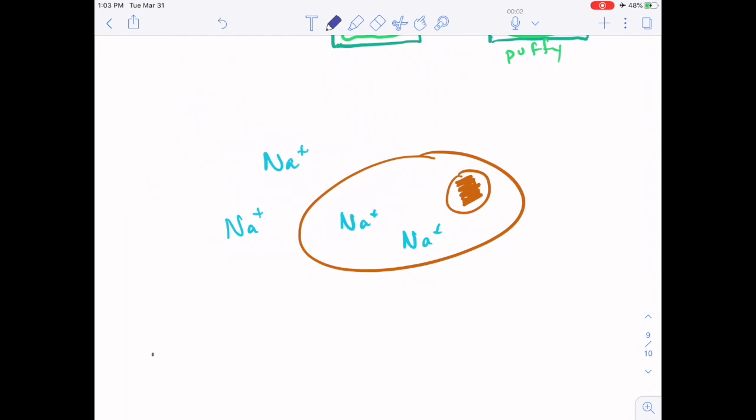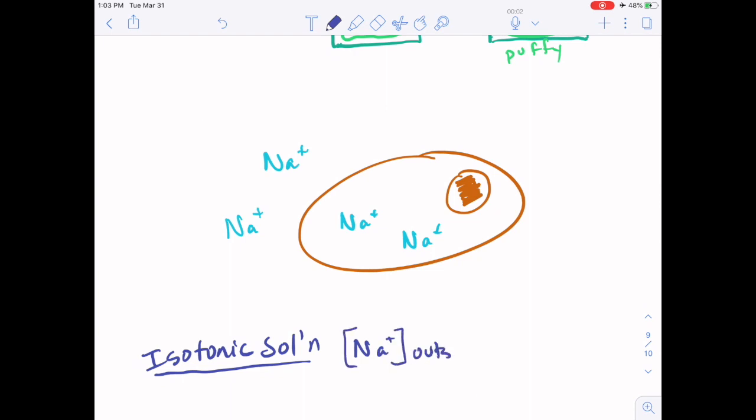Right, that is called an isotonic solution. And it's where the sodium concentration outside the cell is equal to the sodium concentration inside.